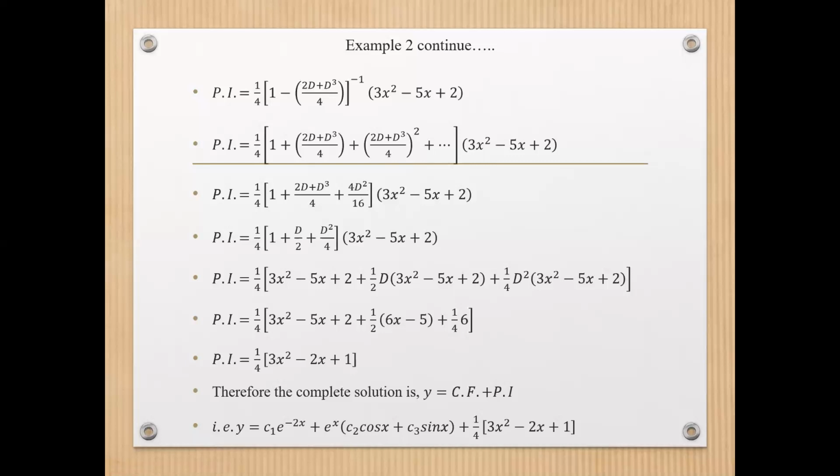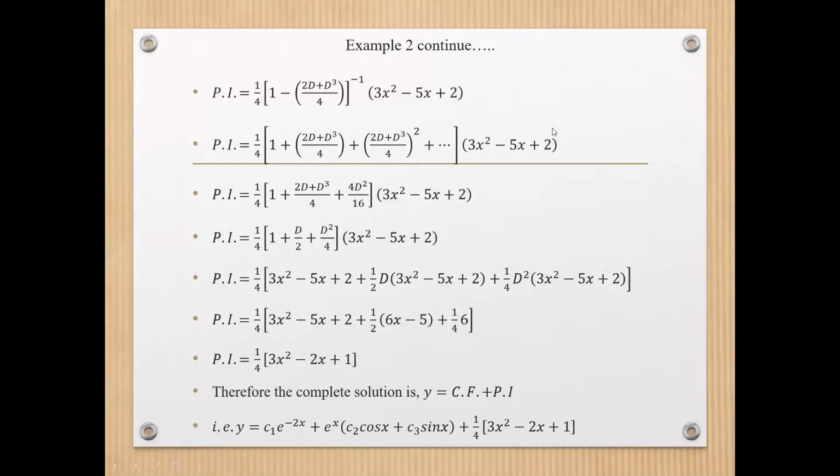Here d cube is nothing but what? D cube is nothing but the third derivative. D to the fourth is nothing but the fourth derivative, but the fourth derivative is 0. Next, the fifth derivative is 0, the sixth derivative is 0. So there is no need to write a term of d whose power is greater than 2, so we write the largest power of d as 2. Getting me?